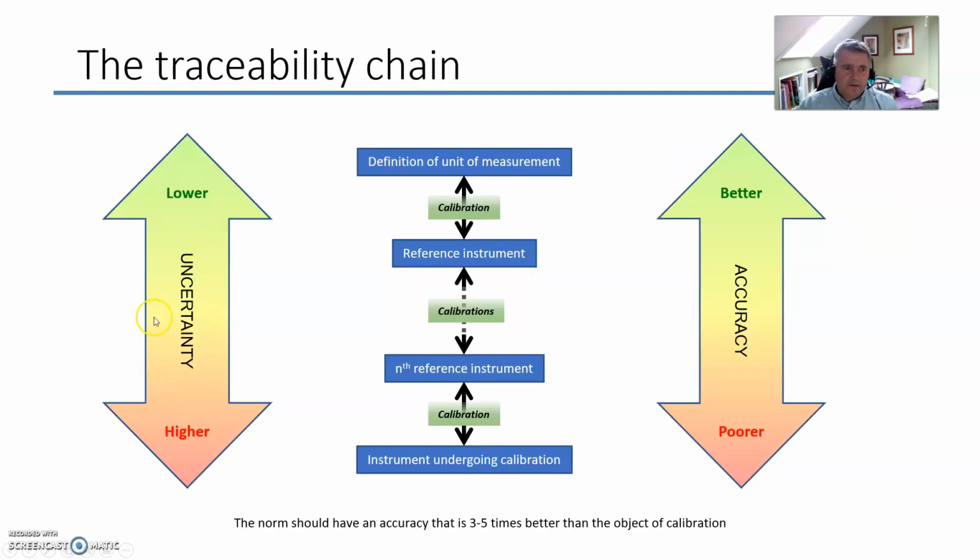The higher up the chain you are, this is the definition or the international standard. It has a very low uncertainty. Further down you have a higher uncertainty, which means that you have a better accuracy on top and poorer accuracy at the bottom.